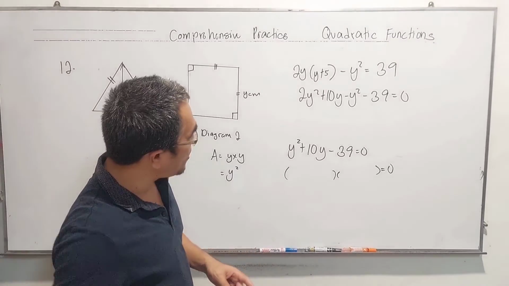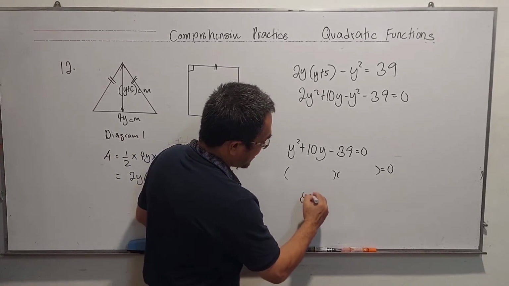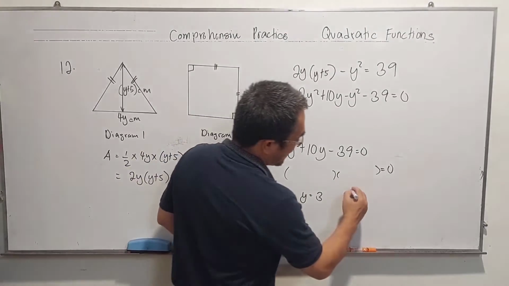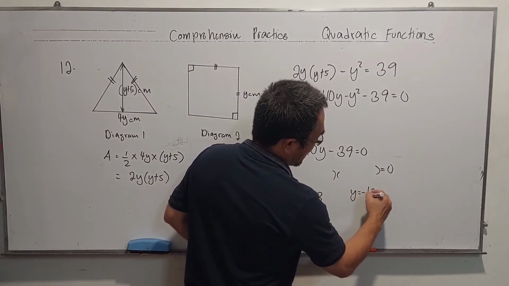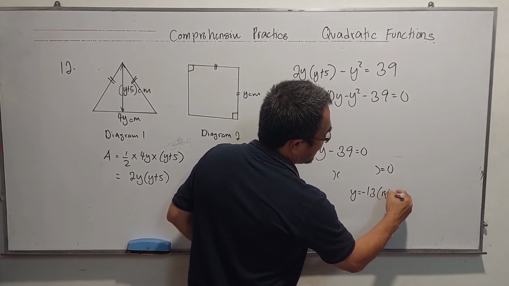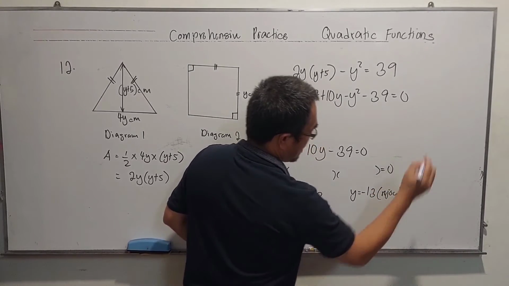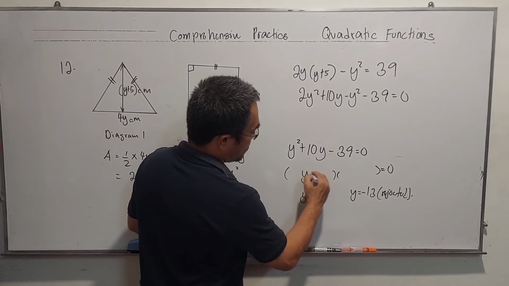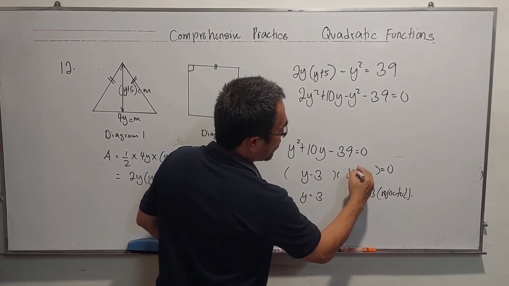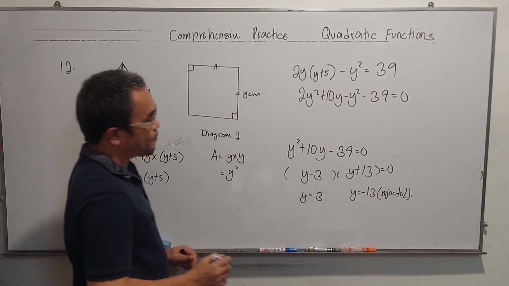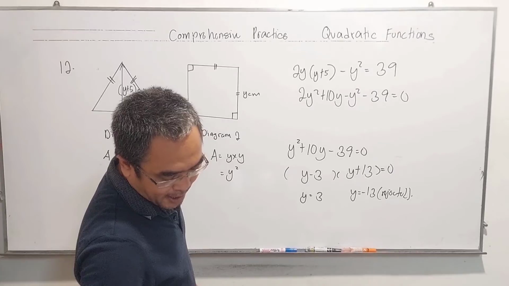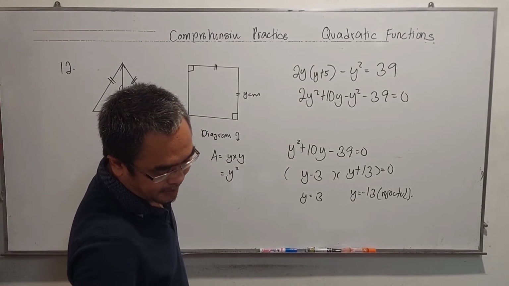So the first value of y is 3, the other one is negative 13. Again, this is rejected. And so it should be y minus 3 and y plus 13. So in order to answer the question, calculate the difference in perimeter.